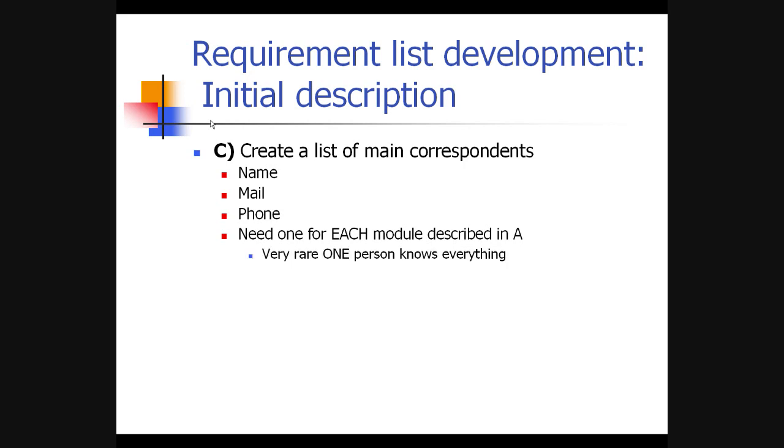It's really rare that one person knows everything in an organization. If somebody tells you, I'm your only correspondent for that project, I know everything about this organization, then the information that you are receiving is suspect.